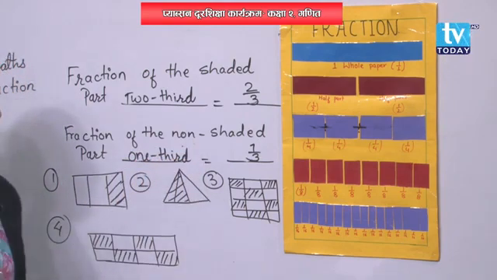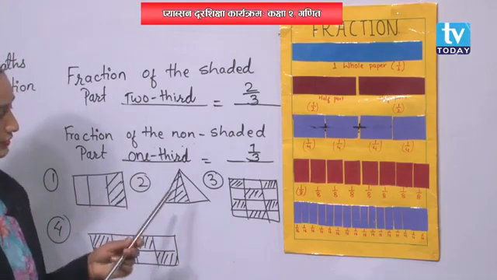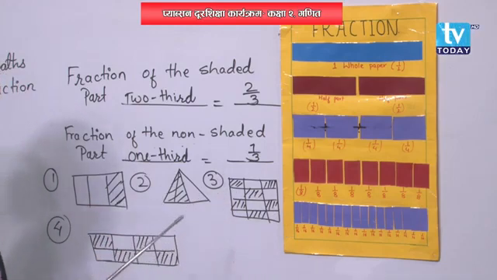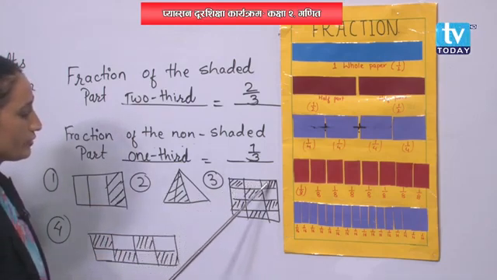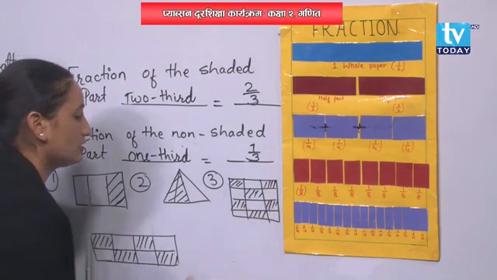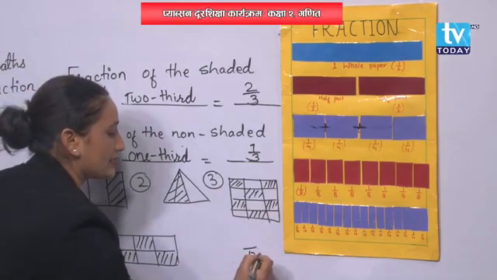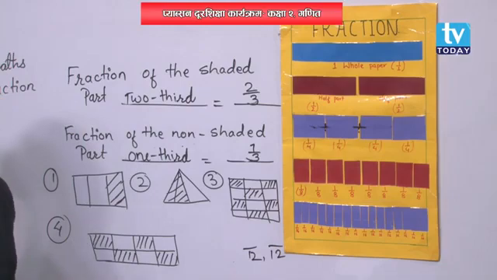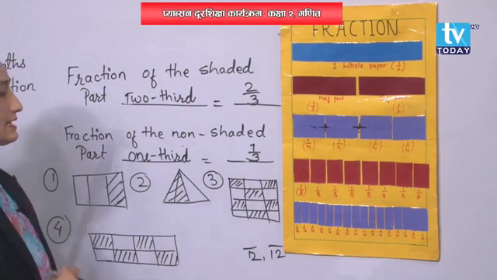Of course. Now have a look at question number 3. Here, how many total parts are there? Let's count it. 1, 2, 3, 4, 5, 6, 7, 8, 9, 10, 11, 12. Total parts is 12. Write it in the same way, okay?